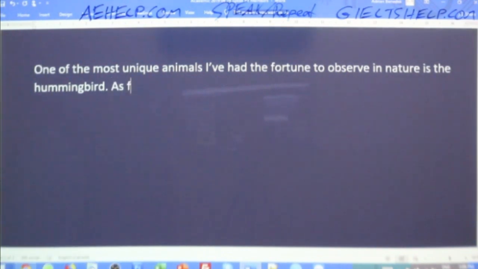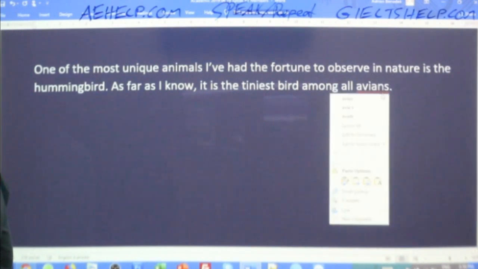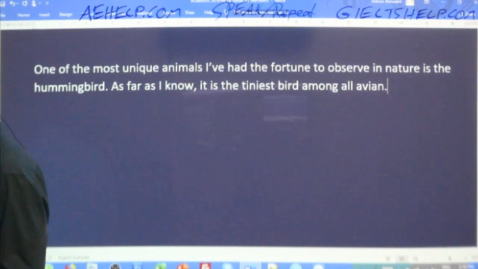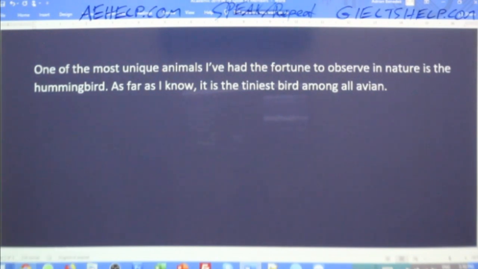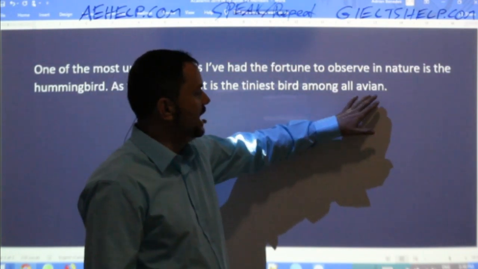As far as I know, it is the tiniest bird among all avian. Among all avian. I guess there's no plural for that one. So as far as I know, it is the tiniest bird among all avian.